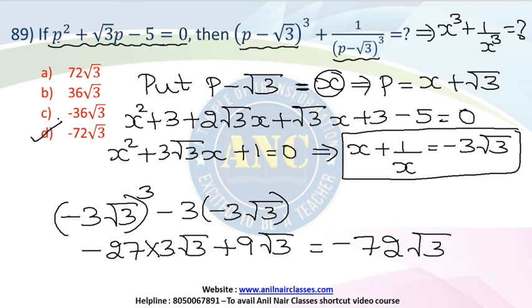So I taught you another method for 87 and 88th question, but the method which was easy for us in 87th and 88th question, I will not use it in this 89th question because the numbers given in the equation are smaller. So depending on the question, depending on the numbers given in the question, it is purely your responsibility to decide which method you need to implement, and that will also come only by practicing many varieties of questions.